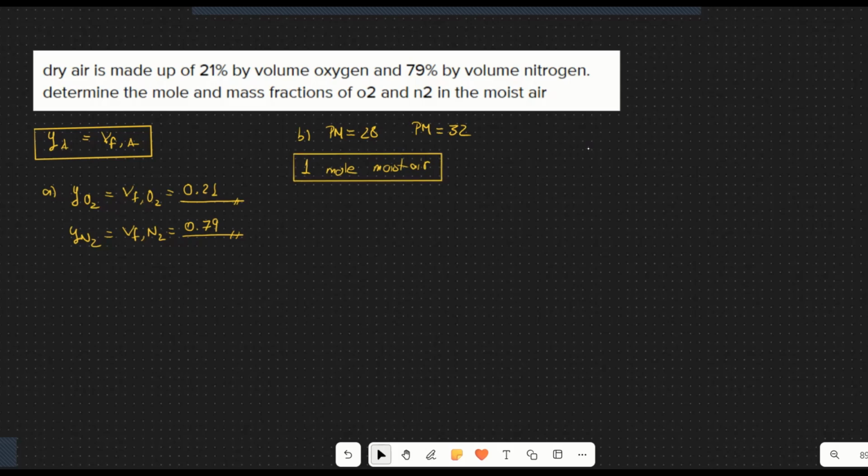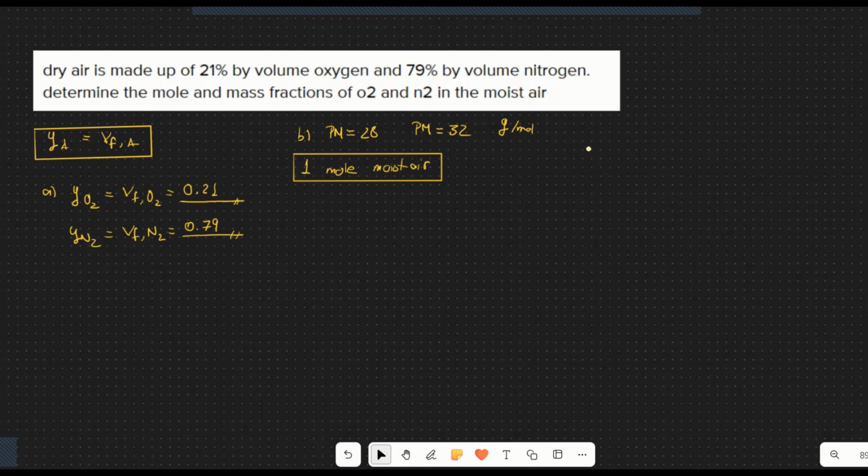Given this, we're going to determine the mass of 1 mole of moist air given the molecular weights, which are described in grams per mole, or grams per gram mole. And also we're going to determine the molecular weight of each of the components, such that given the molecular weight of oxygen within the mixture and the weight of the mixture itself, we're going to be able to determine the mass fraction of oxygen and nitrogen.